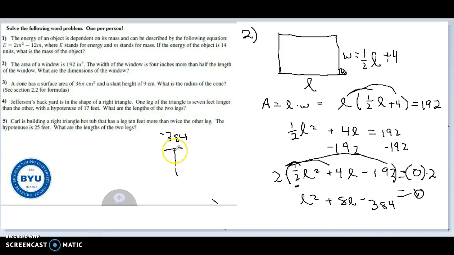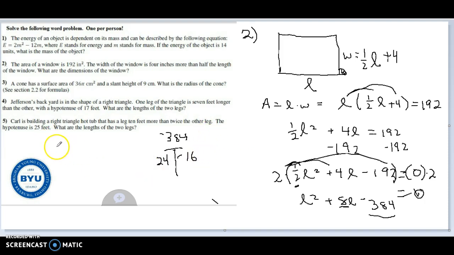Okay, so it took me a few tries to get this, and you wouldn't necessarily expect to right away, but after some searching, I figured out that 24 and negative 16 will work. 24 times negative 16 is negative 384, and 24 plus negative 16 is 8. So we got the 8 that we want when we add them, and we have the negative 384 that we want when we multiply them.